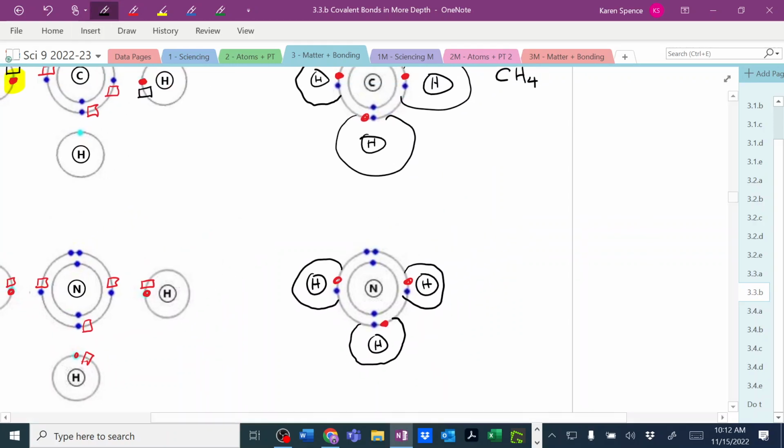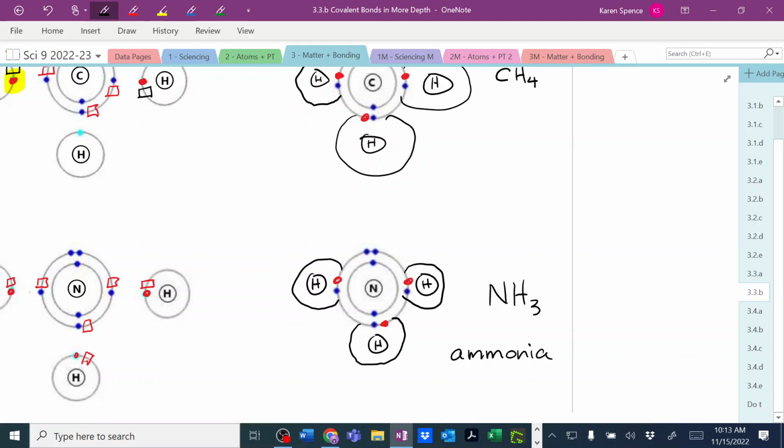And this one is N. And then what would the rest of the formula be? NH, how many? 3. And the name of this compound is ammonia. Yes, ammonia.